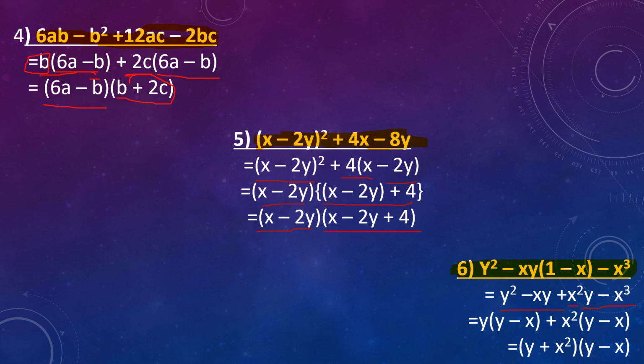Y square minus xy and x square y minus x cube. Done the grouping? Take y common from first bracket. You will get y minus x. Plus x square from second bracket, you will get y minus x. Children, now you can see the common binomial y minus x. Take it out common. Within bracket you are left y plus x square.